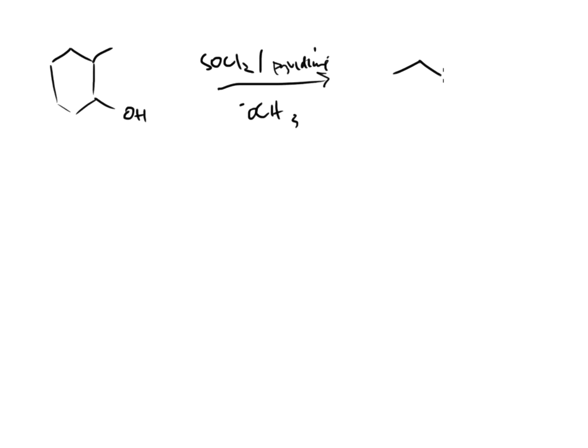I'm going to redraw my reagent. There's my OH, there's my methyl. So what happens in the first step here is that my SOCl2 will basically go on to this alcohol group, and that alcohol group is going to turn into this SOCl group, right?